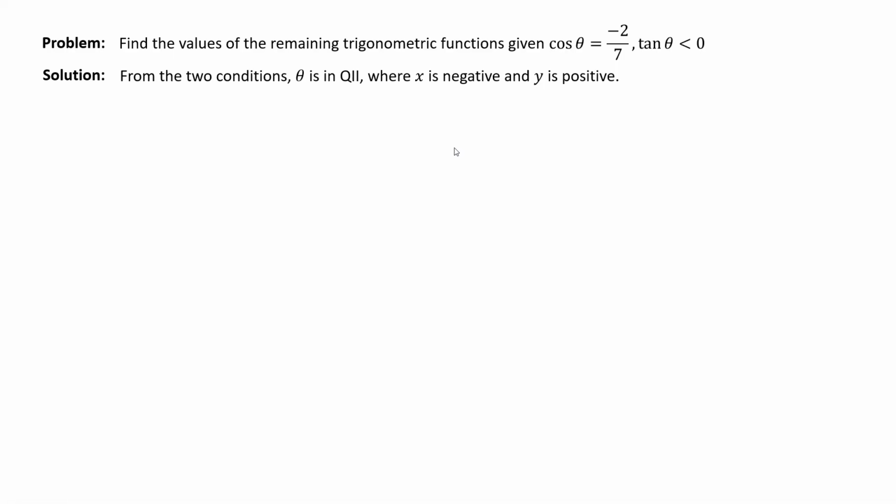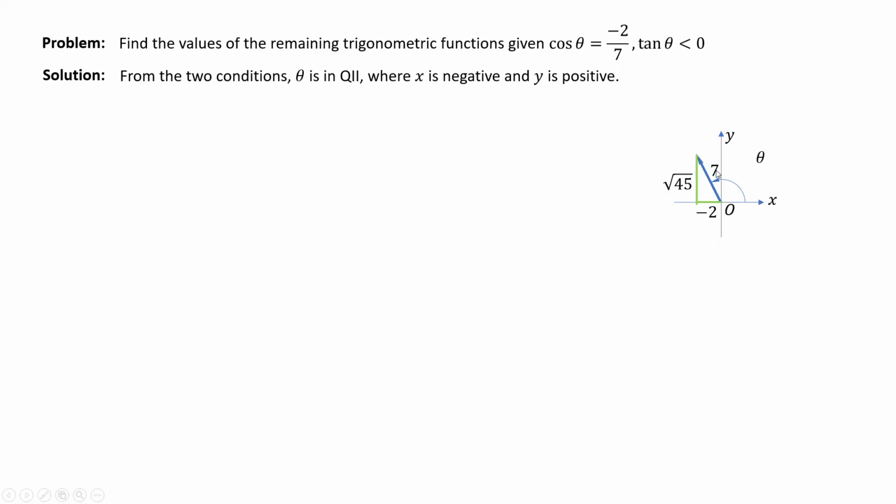And R is always positive. So the way we interpret this is R is 7. We draw the ray in the second quadrant, with an R value of 7 and an x value of negative 2.